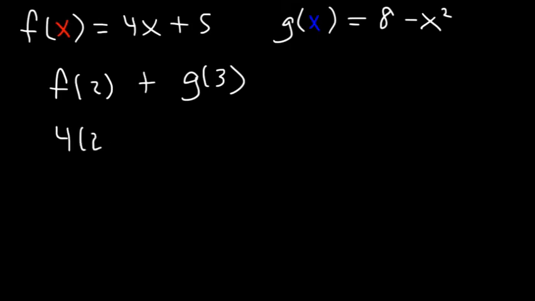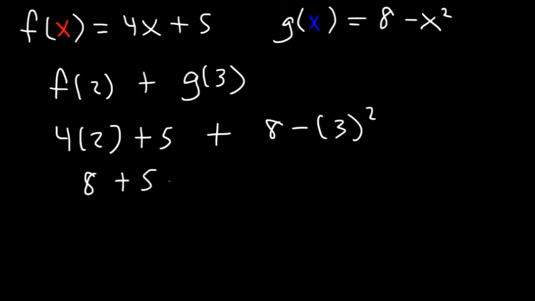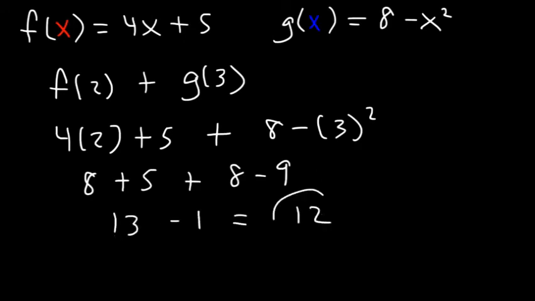So that's 4 times 2 plus 5. To find g of 3, we need to plug it into that equation. So it's plus 8 minus 3 squared. And then let's add. 4 times 2 is 8. And 3 squared is 9. 8 plus 5 is 13. 8 minus 9 is negative 1. 13 minus 1 is 12. So that's the value of f of 2 plus g of 3. You just find the two values and you add them.